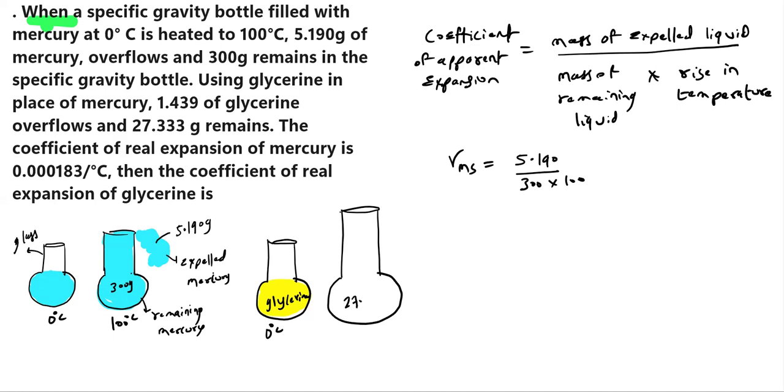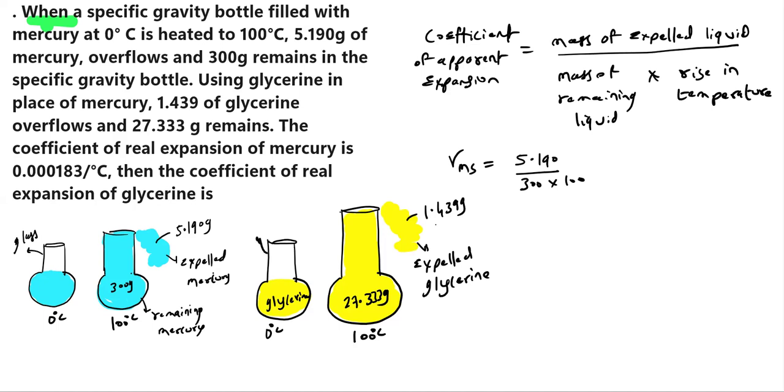And 27.33 gram of glycerin will remain as it is inside it, and some will overflow. Expelled glycerin. So how much will be expelled? 1.439 gram, and this is 100 degrees Celsius.